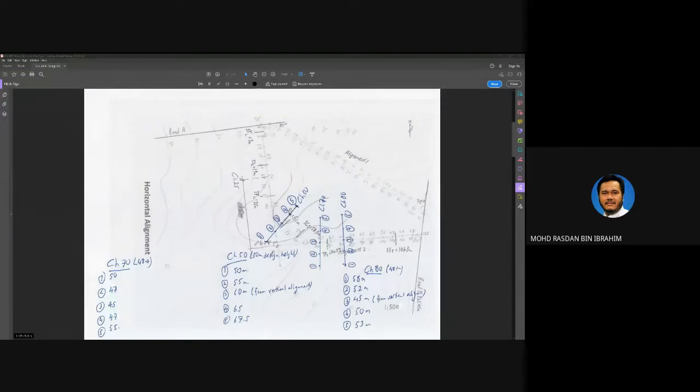However, alternative 2 also is viable because of reason number 1, reason number 2, reason number 3. So you can say that actually the best alignment is alternative 2, but you submit alternative 1 because you need to show the superelevation development diagram.